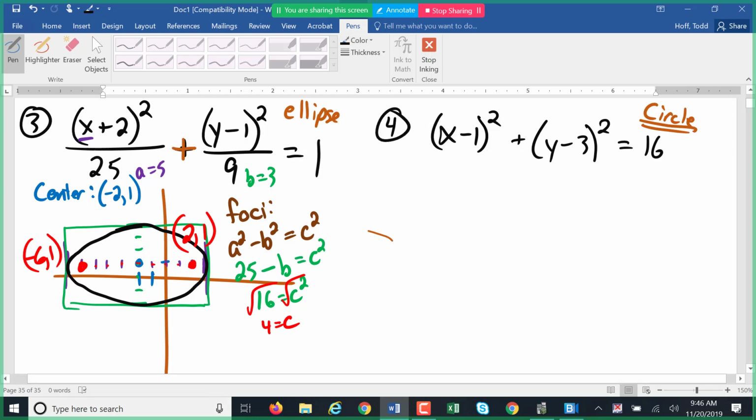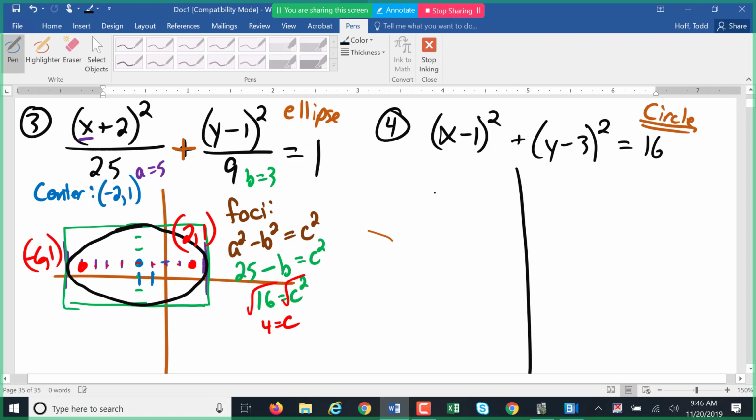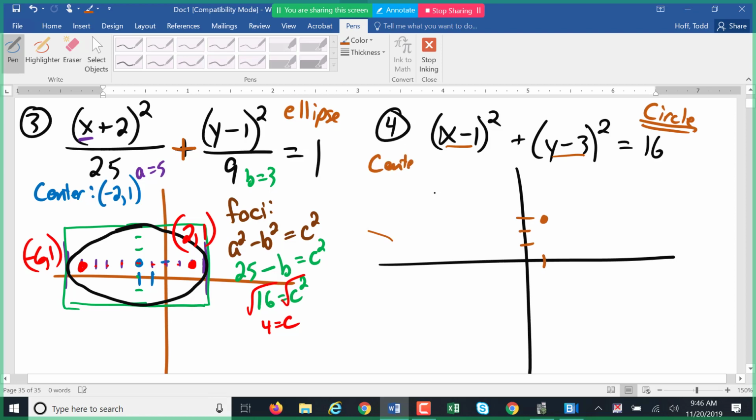The circle for number 4 here is much simpler. All I have to do is find my center. Well, x minus 1, y minus 3, that tells me our center is at 1, 3. And the 16 tells us that r squared equals 16.